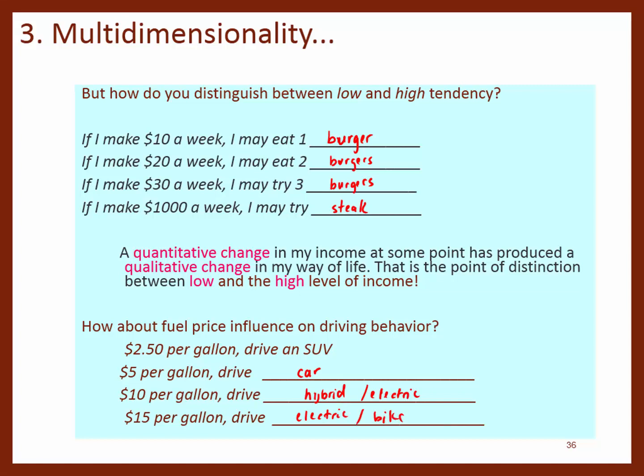So again, changes in the price are producing a change in your behavior and your way of life. And that's the purpose of this principle. As you start seeing these changes, you see that tendencies are also changing.